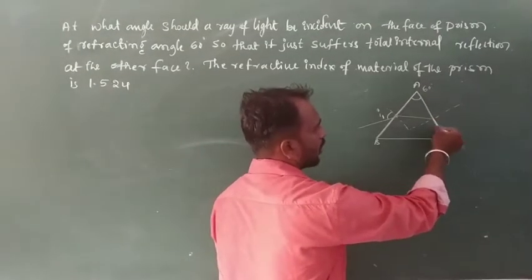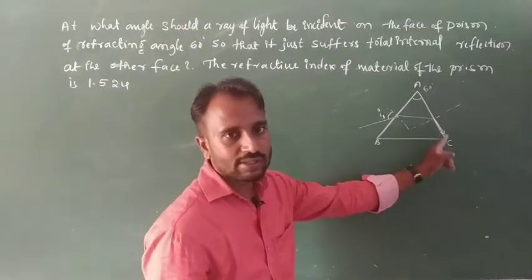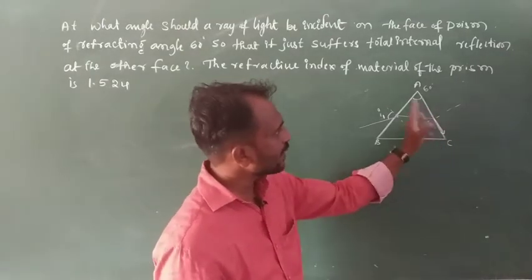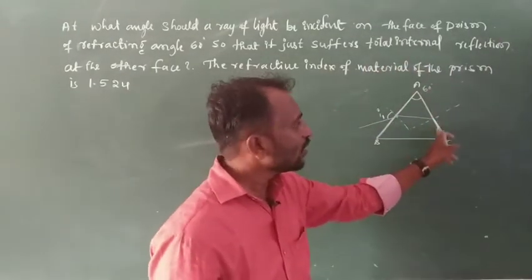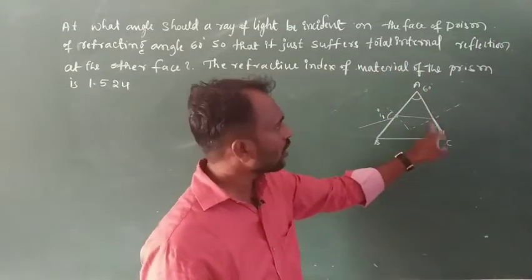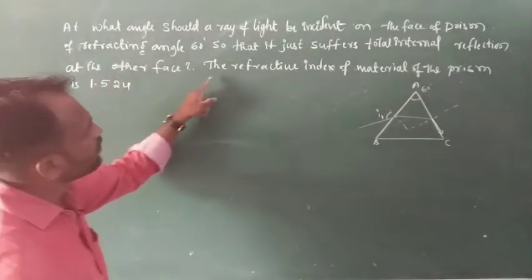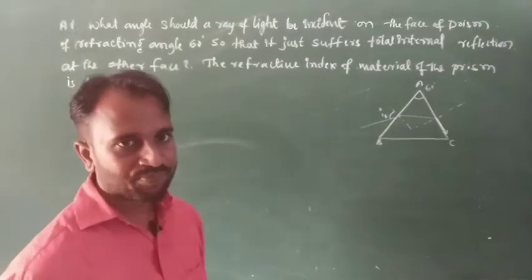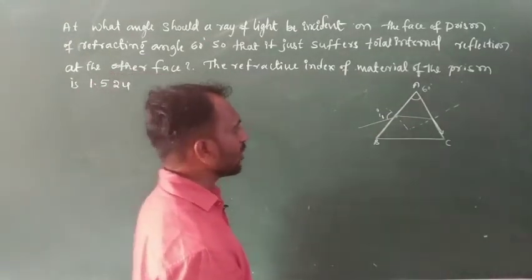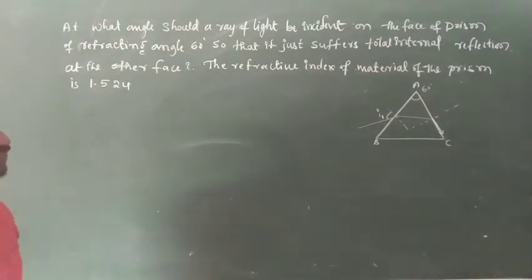This is the normal and this is the emergent ray. Why? Because at the second surface this light ray is totally reflected. It means total reflection at the other face. The refractive index of the material of the prism is already given as 1.524.